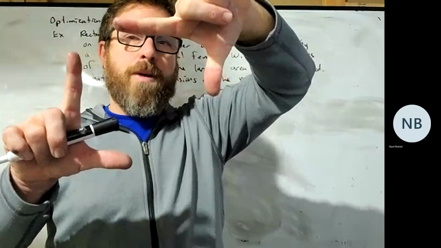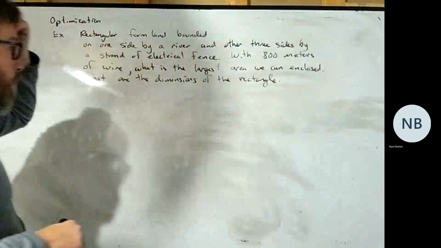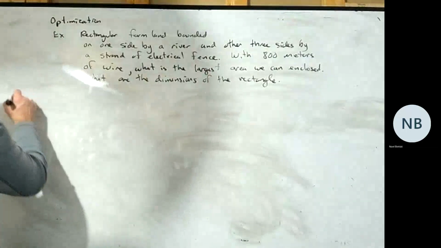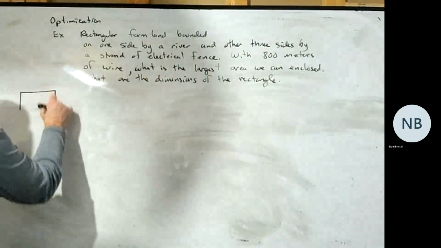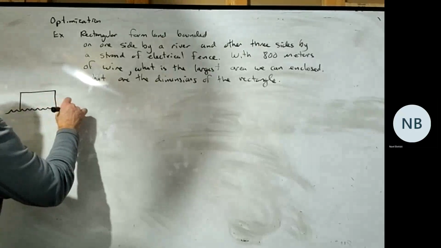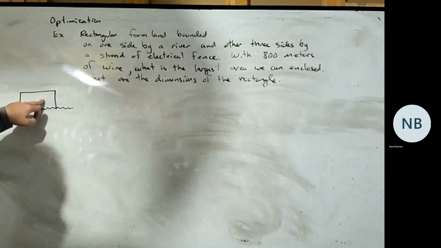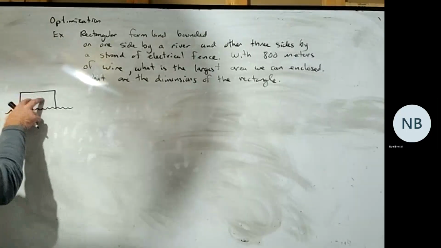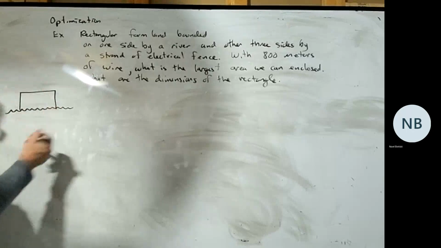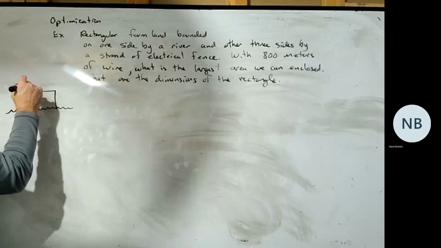It's kind of cool. But since we're bounded by a river, I don't actually have to put fence on the river side. So I have a rectangular fence here, but over here I have a river. I'm not going to put electrical fence on that river, which means it won't be a square anymore. So I'm going to label this.